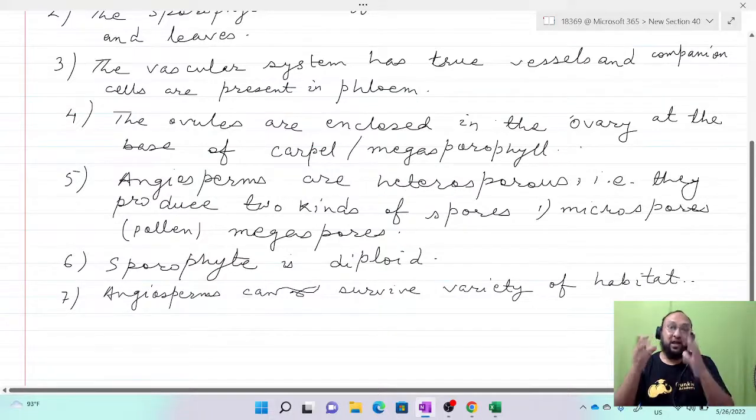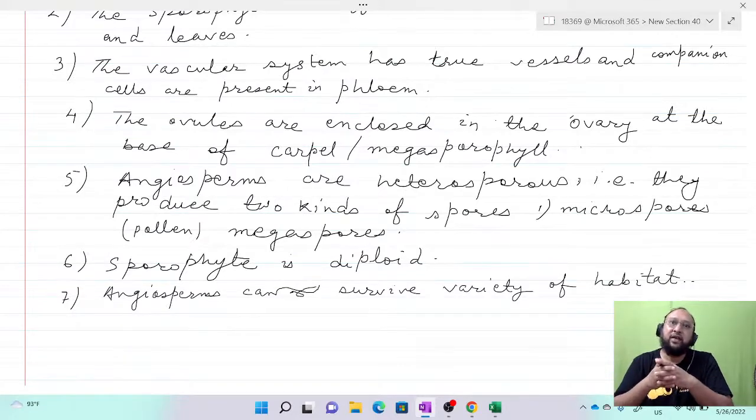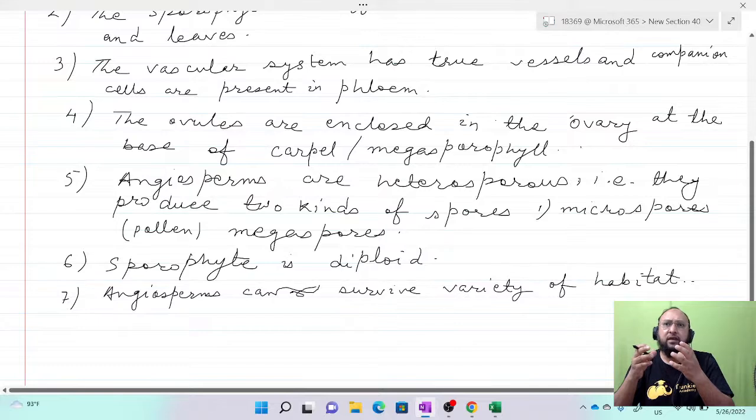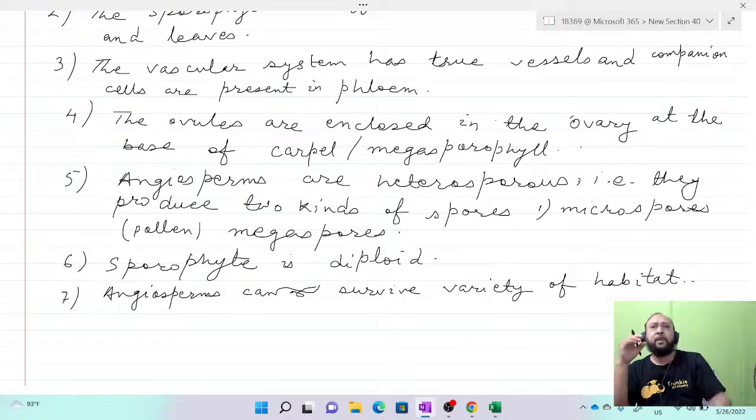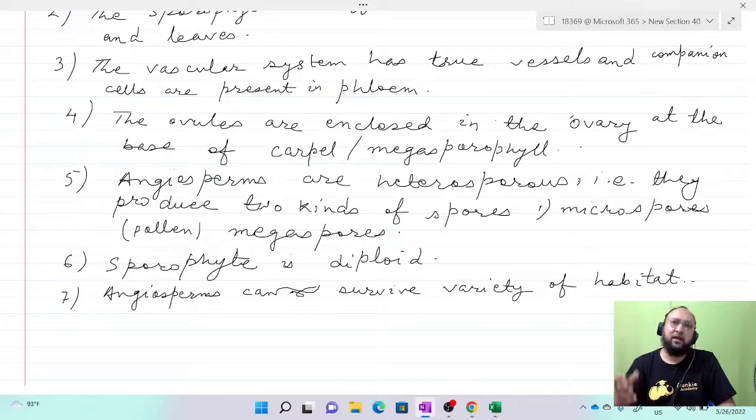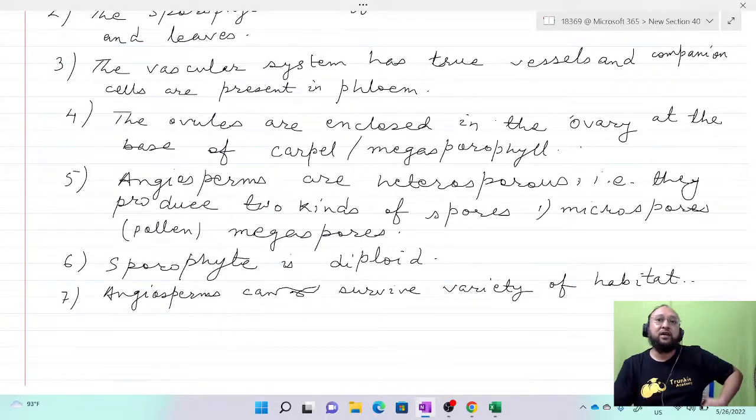In cold climate, in hot climate, or in desert type of habitat, or in very moist soil, or at very high altitude where the temperature is very low, or where the air or wind is very humid, or the air is very dry, or where the temperature is very high, or where the soil is very saline, or the saline water has been absorbed by the soils of that particular habitat.